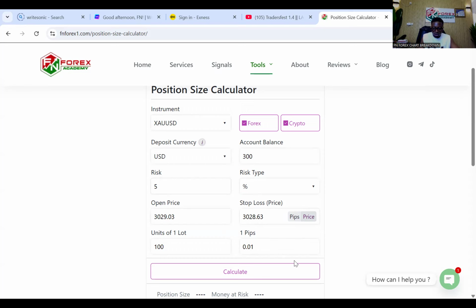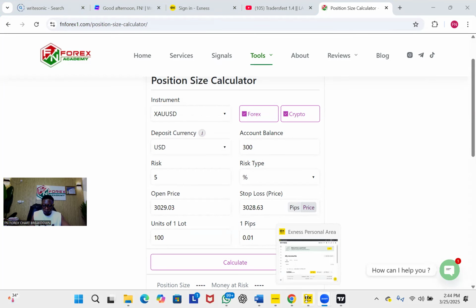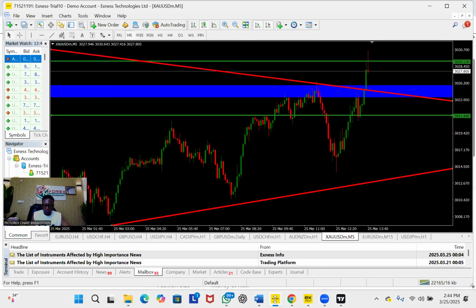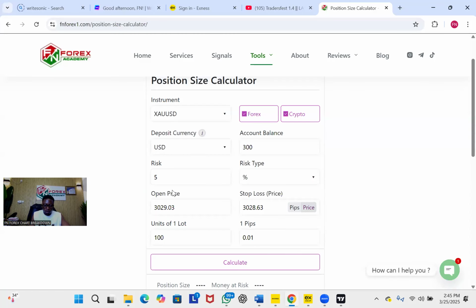If you go back to gold, if I share my screen, let me just share my full screen. If I'm sharing my full screen now, right? If you look at the price we have here, you go back to gold, you're going to see the price. It might consolidate a little bit. 30.27, right? 30.27 point something. You come back here, you're going to see 30.29. So it fluctuates.